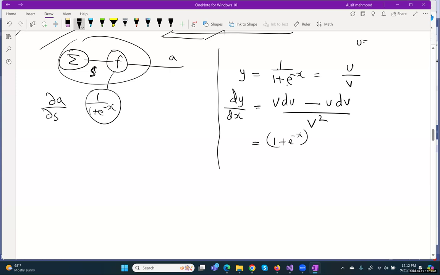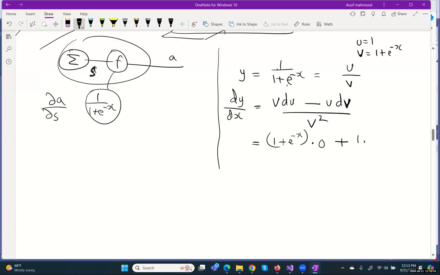See, U is 1, and V is the bottom part, which is 1 plus e to the minus x, right? So what is the derivative of U? What is the derivative of 1? 0. It's a constant, right? Constant does not change.